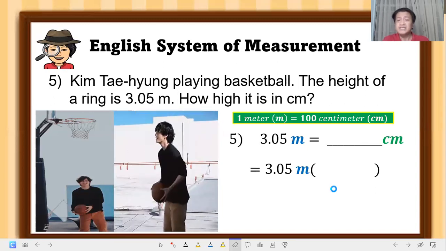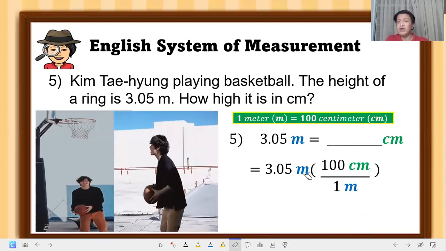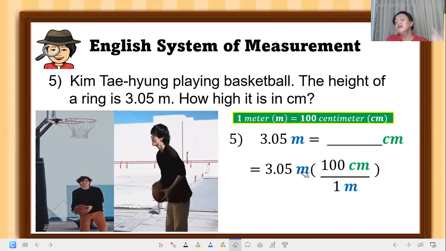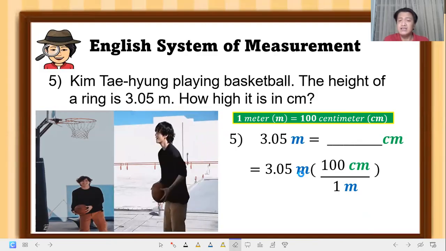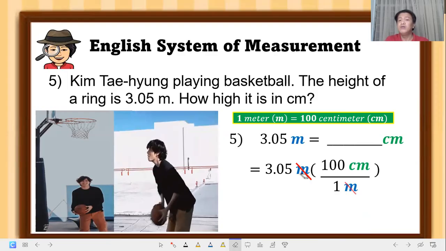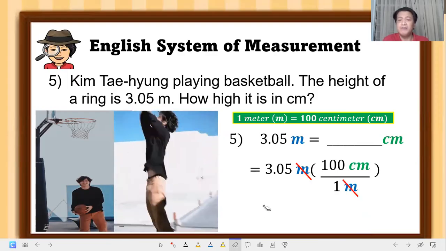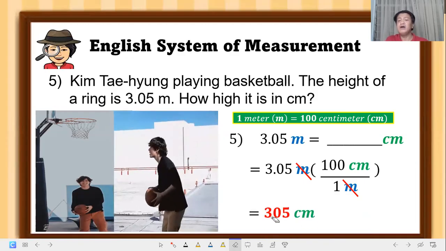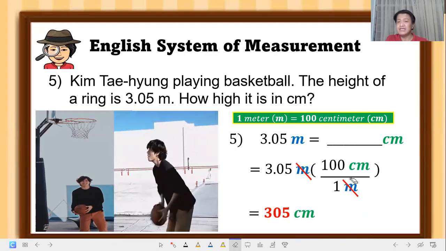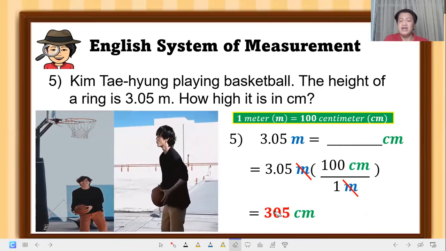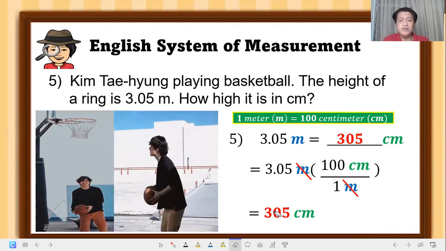Kaya nga, pag sinet up mo yan sa fraction, kailangan yung denominator sa fraction mo kaparehas yung unit nung given, which is meter. Okay, then you can now cancel the same. Kasi, okay, and then yung natira natin sa numerator, multiply mo dun sa given number, and that is equal to 305 centimeter. Copy mo lang yung iyong unit, kasi yun po ang magiging answer natin. Kaya, 3.05 meter is equal to 305 centimeter.